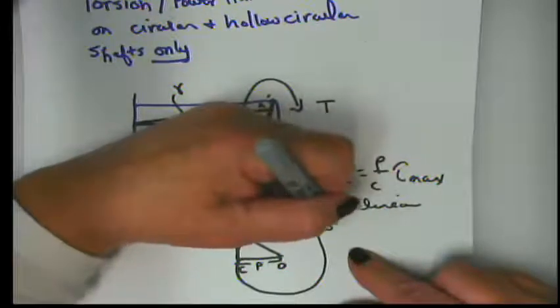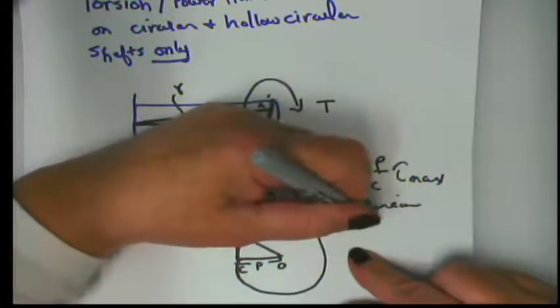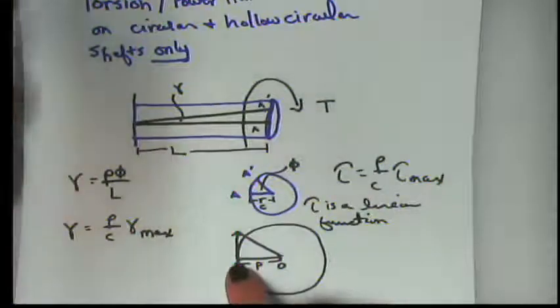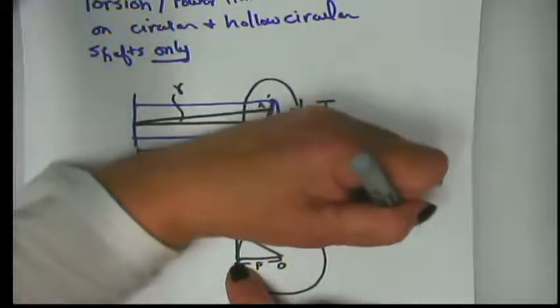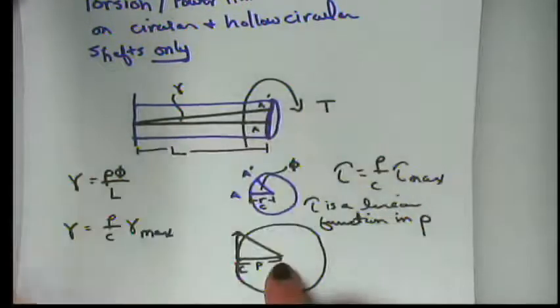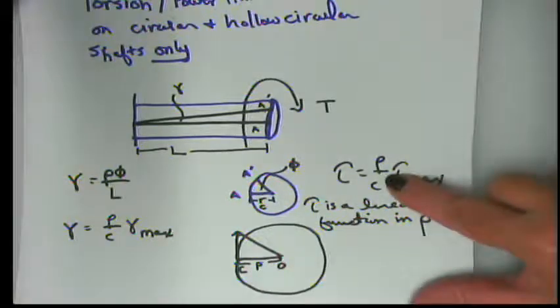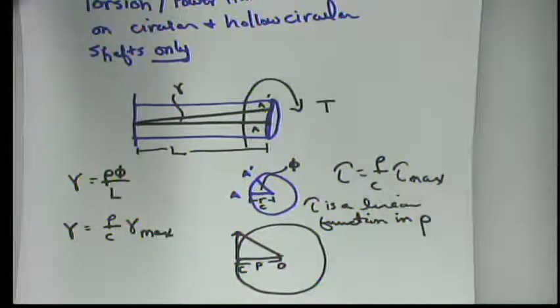In other words, it increases from 0 at the center to a maximum at the edge, a linear function in rho. So at 0, it's equal to 0. At C, it's equal to tau max. And everywhere in between, it varies linearly with the distance from the center.